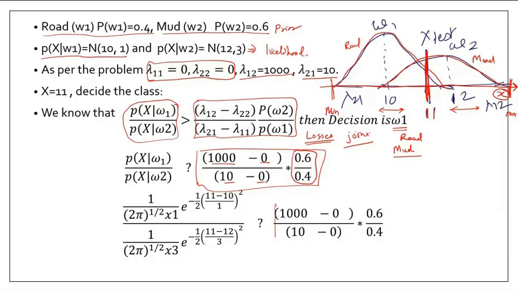Now from the left hand side we are writing the formula for the normal distribution. We have assumed that our features are normally distributed, so I am writing the formula for the normal distribution for the numerator as well as the denominator.